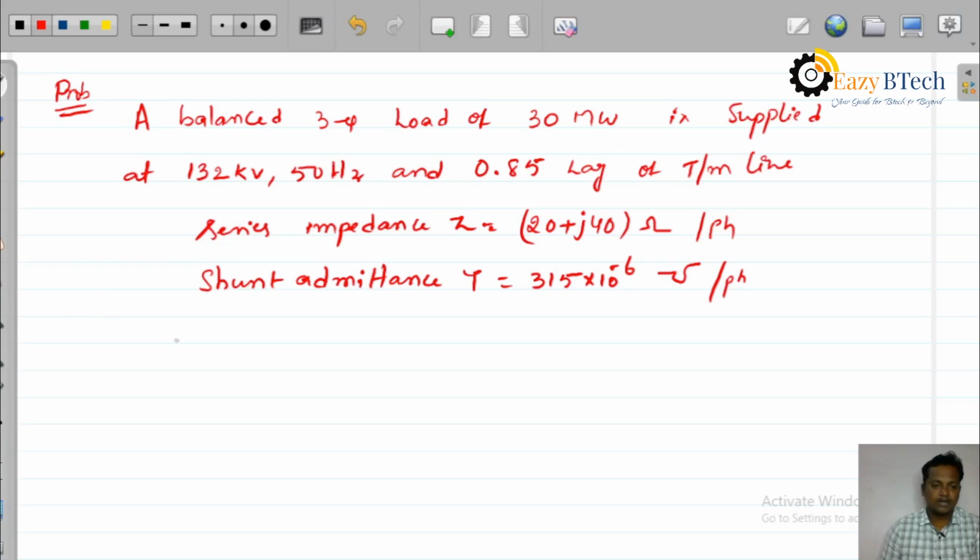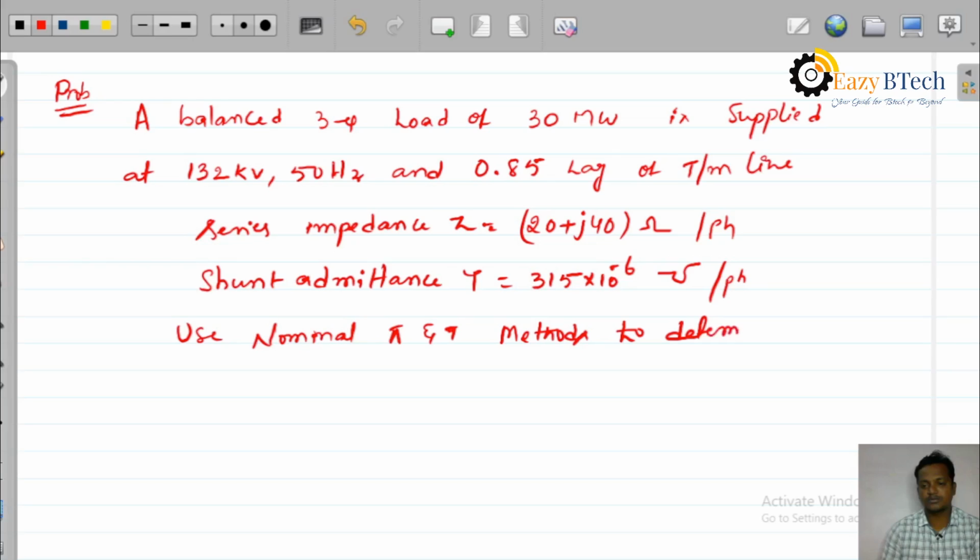Use nominal pi and T methods to determine: first one is ABCD constants.